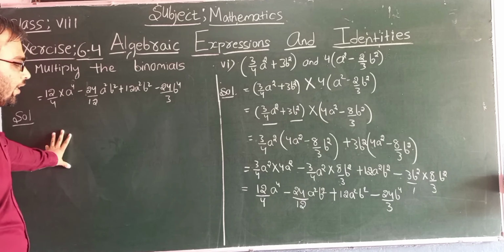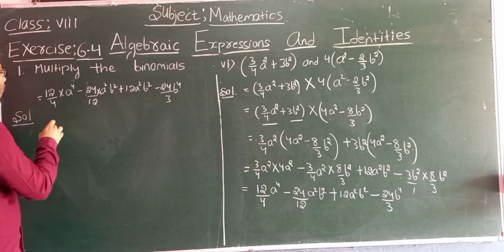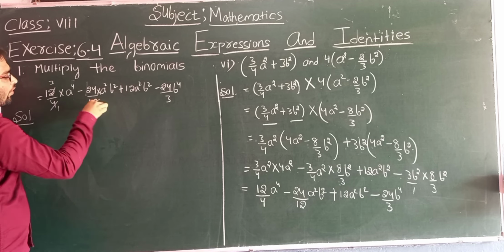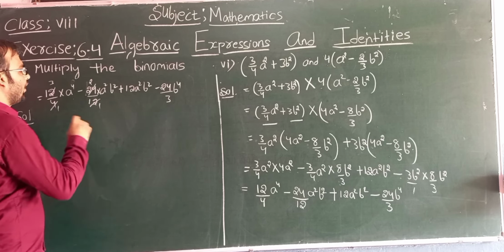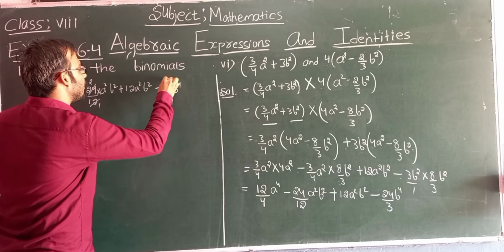Look at here, students. Just put a multiplication sign here, so you can cancel this. 4 ones are 4, 4 3s are 12, 12 ones are 12, 12 2s are 24. And now here 3 ones are 3, 3 8s are 24.